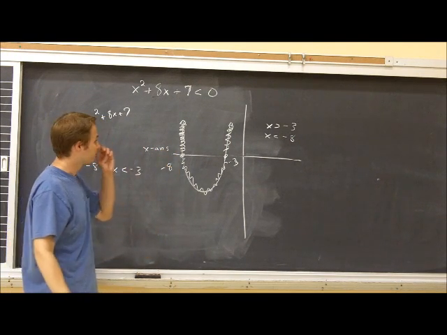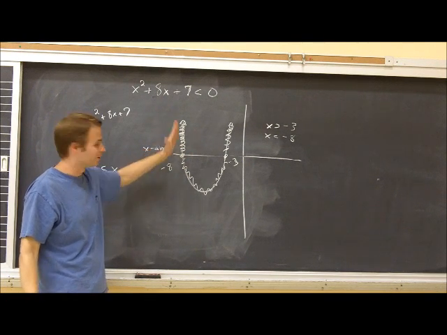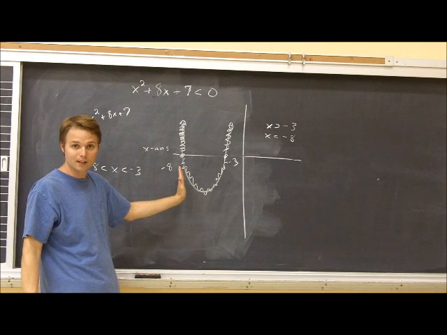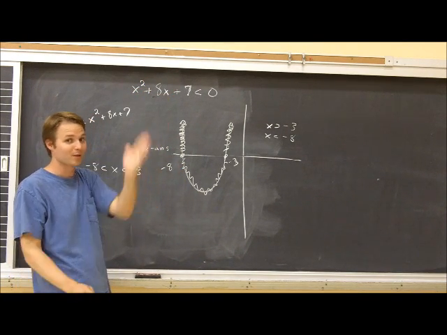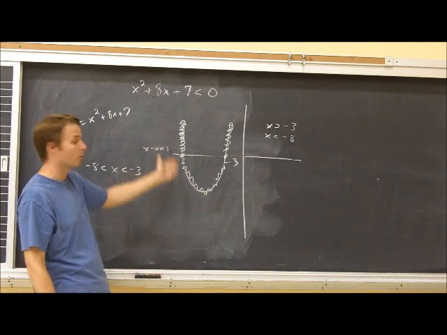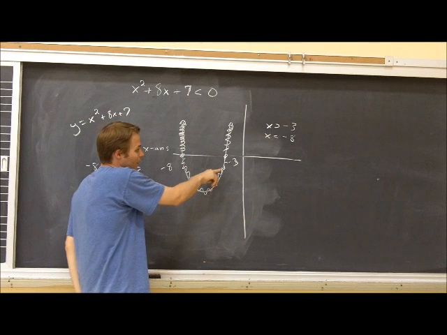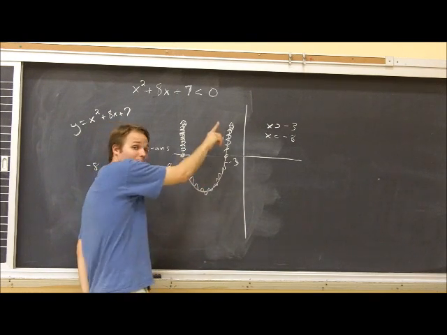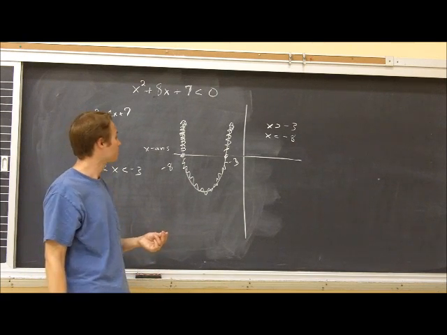In other words, it has to equal 0 somewhere between being greater than 0 and less than 0, right? If you're going to cross from being greater than 0 to less than 0, you have to equal 0 at some point because these graphs don't have any holes in them. They're continuous. Same thing from being less than 0 to being greater than 0. Again, you have to cross that x-axis. You have to hit a point where y equals 0.